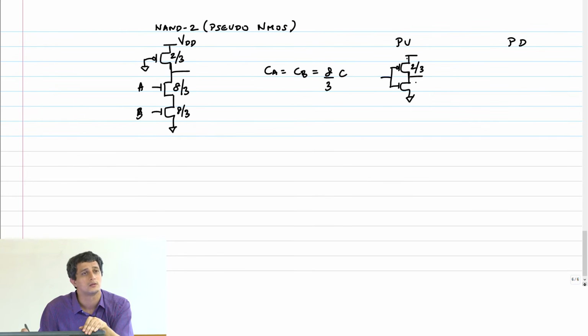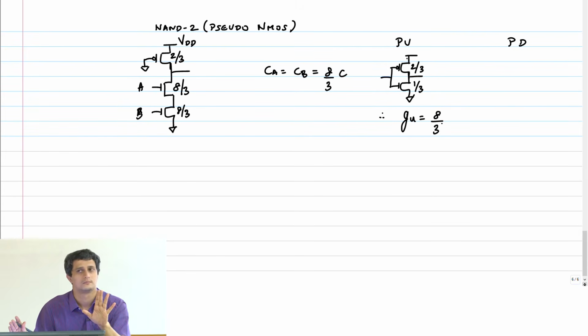NMOS therefore is 1 by 3. Therefore, the pull-up logical effort is how much? 8 by 3. Clear? What about pull down? I got to construct my reference inverter again.